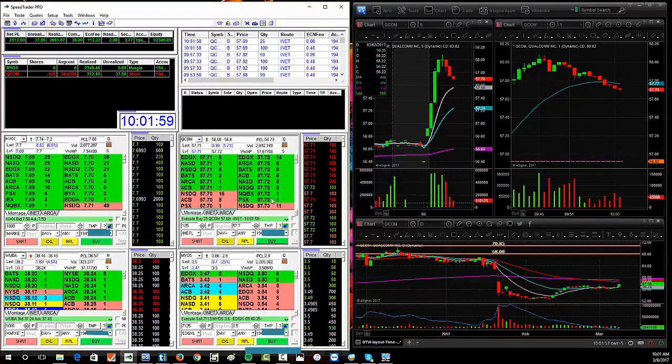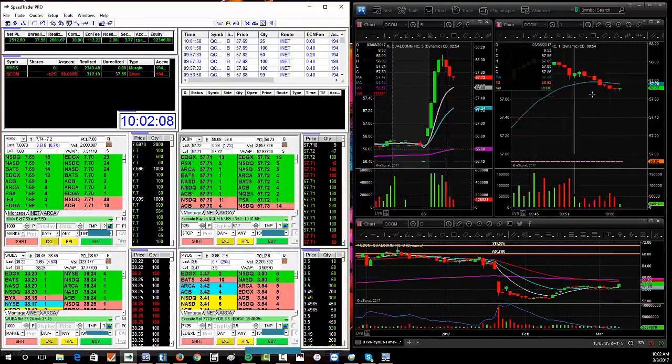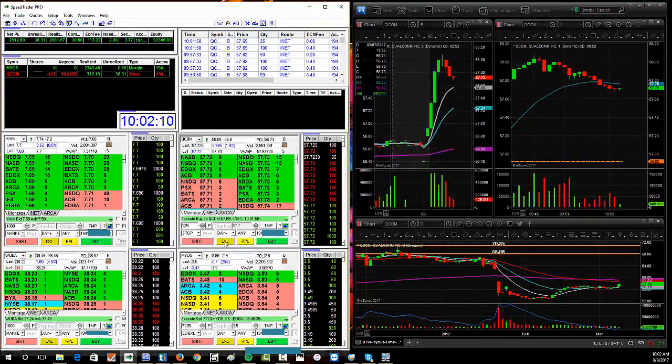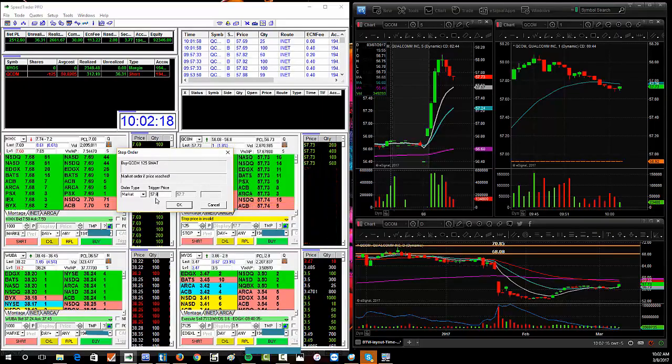All right, just covered another 125 shares of Qualcomm, and I'm going to put my new stop at 81. But you can see how we're dipping below the 20 moving average here. So new stop will be 57.81.